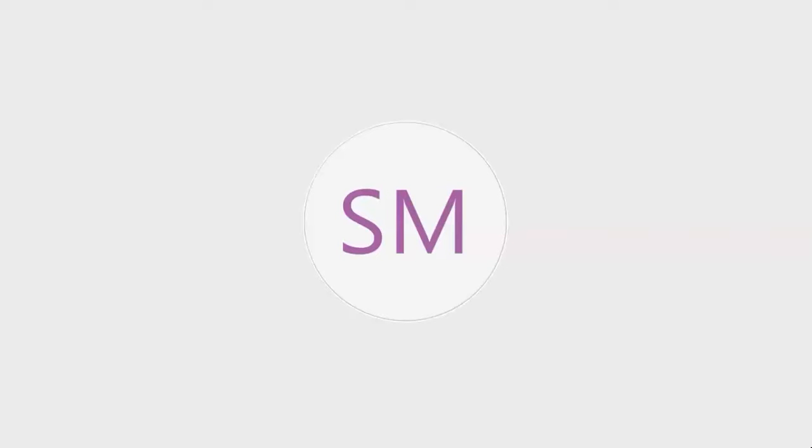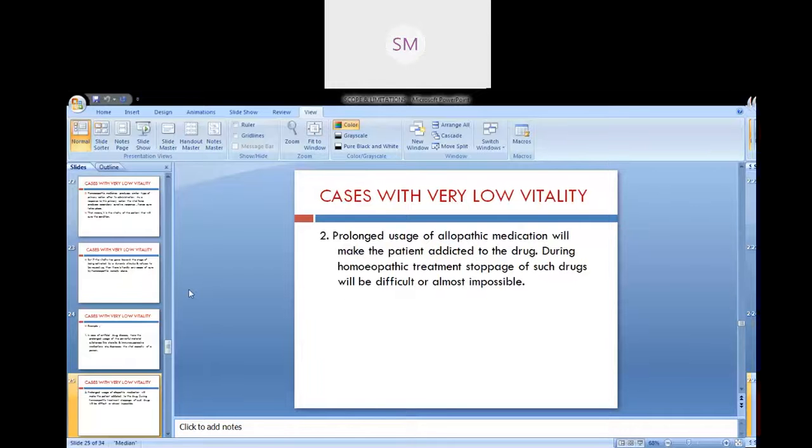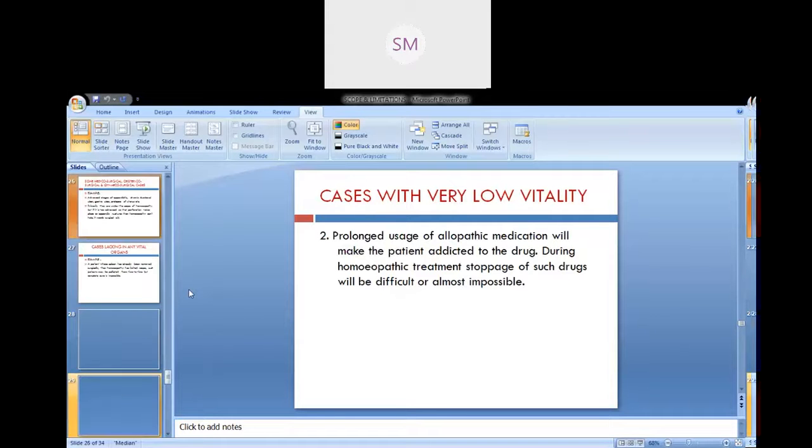During homeopathic treatment, stoppage of such drugs will be difficult or almost impossible, like when a person takes hypertension or diabetes drugs. That person's body is addicted to that allopathic drug.